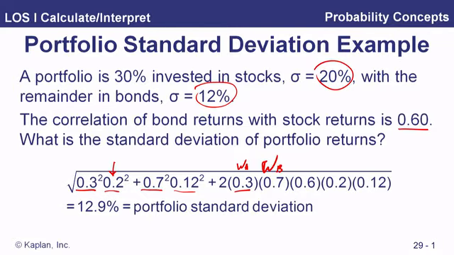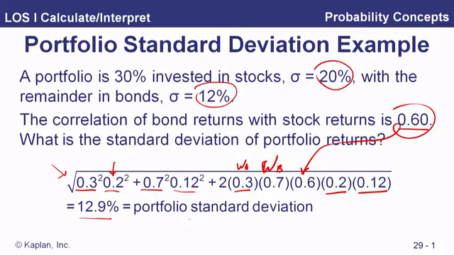Then we've got the weight in B. Then we've got the correlation and sigma A, sigma B. And because that's the formula for the variance of portfolio returns, we need to take the square root of that in order to get the standard deviation of portfolio returns.